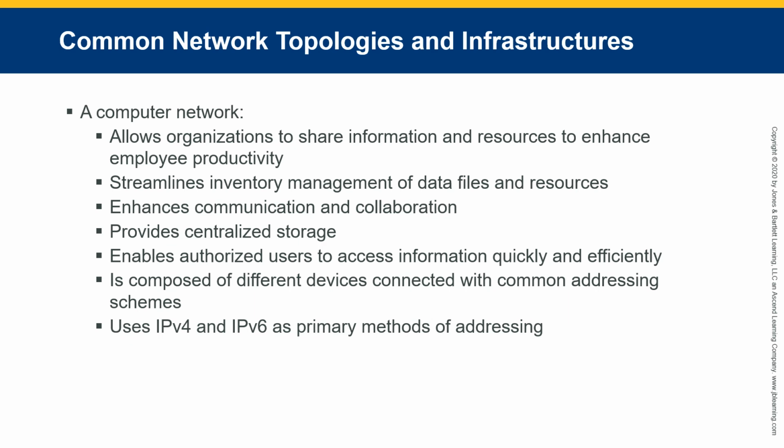Networking is composed of different devices connected with common addressing protocols and addressing schemes. Most everything nowadays uses IPv4 and IPv6 as the primary means of addressing. In the old days, there were competing protocols out there. Netware had IPX/SPX.